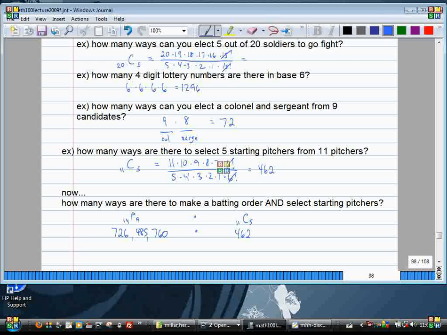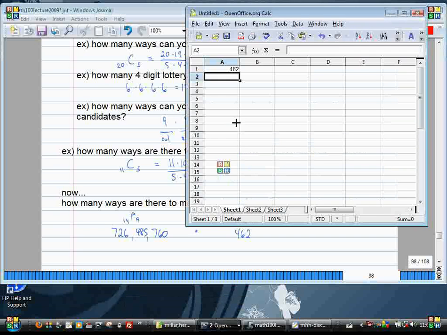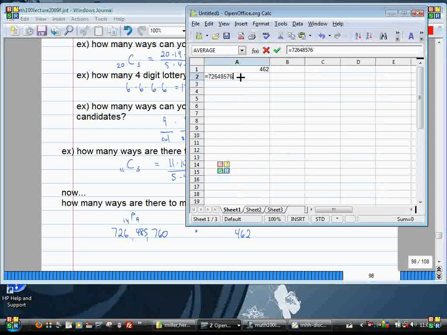This is going to be a huge number. So this winds up being 726,485,760 times 462. Whatever that is.